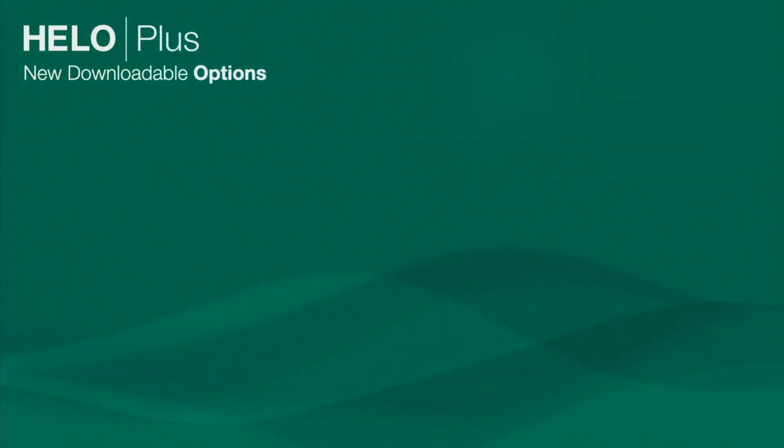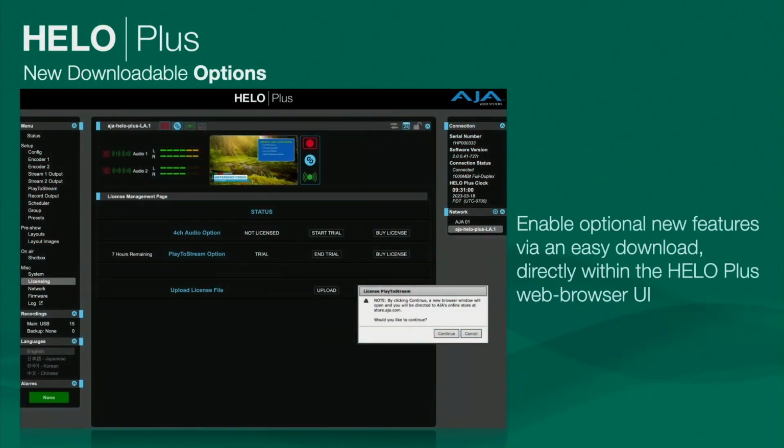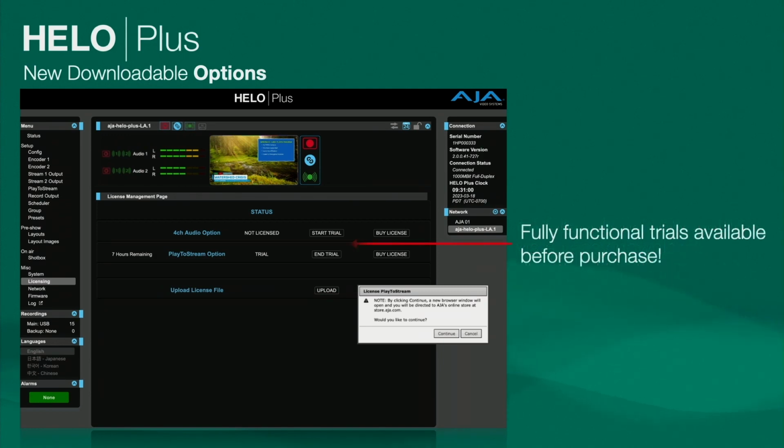Next up, we have new downloadable options. This is the first time on the HELO platform, where the original HELO and the HELO Plus were always part of the upgrade package, that we have options built in where you can easily enable new features if they're relevant to your workflow, right in the box. And there are fully functional trials.